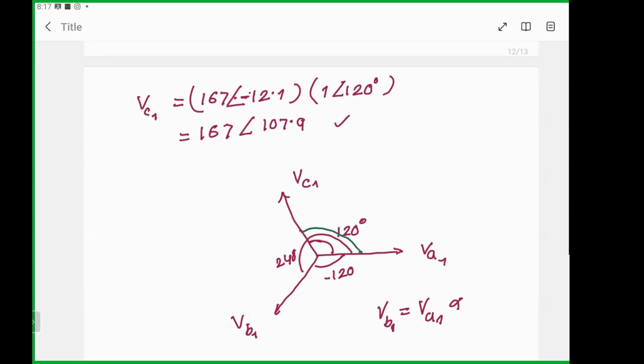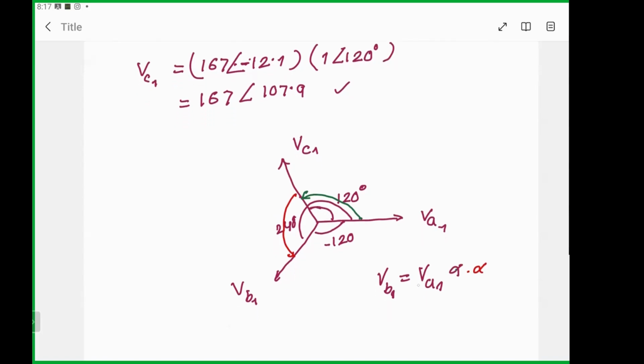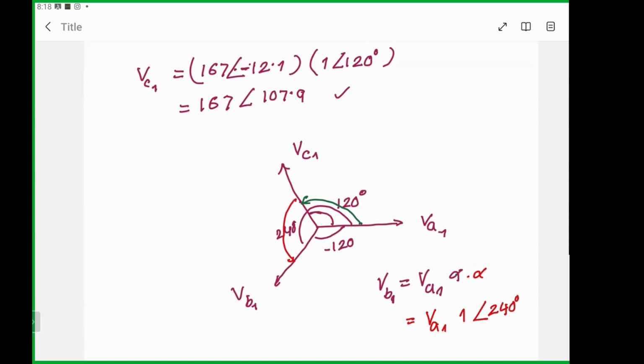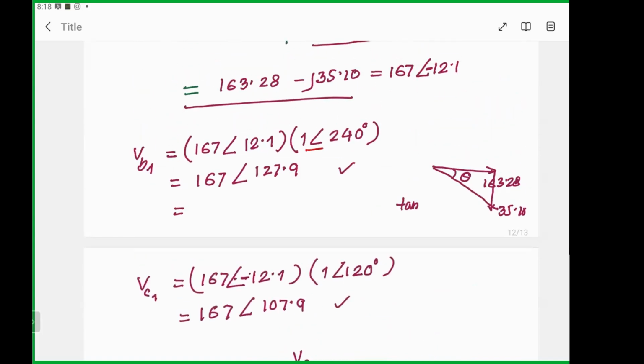Then I have to go one more alpha from here to here. So that means I have to multiply with another alpha. If I multiply with alpha squared, then that will be 1 at an angle of 240. So this is 240.